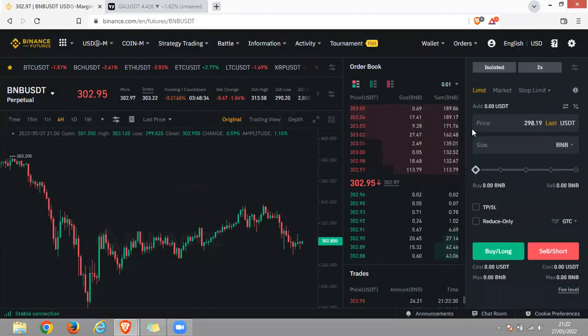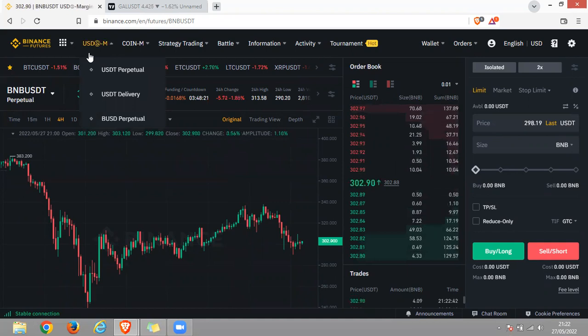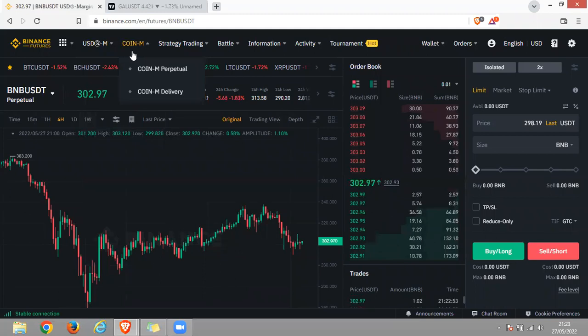Okay, I believe I've been able to explain this for you, especially for beginners, and I don't think I am forgetting anything so far. I've talked about the difference between USDT futures and coin futures. USDT futures use the stable coin, while coin futures use any of the cryptos.